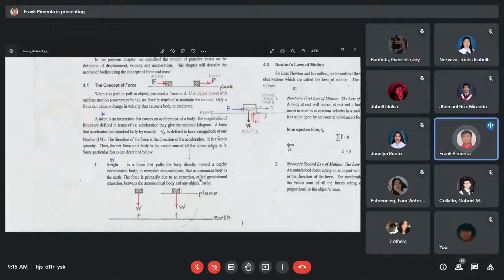Gravitational attraction is a force, because if you attract a body, there is already a force involved. This gravitational attraction is the force of attraction made by the Earth on that body. So the force is primarily due to attraction between the Earth and any object nearby. Now, how do we draw, how do we reflect the weight of the body?